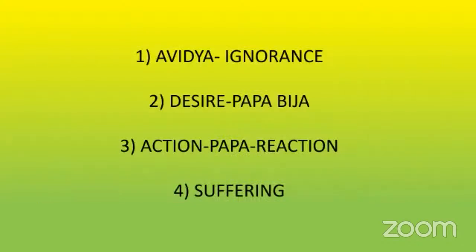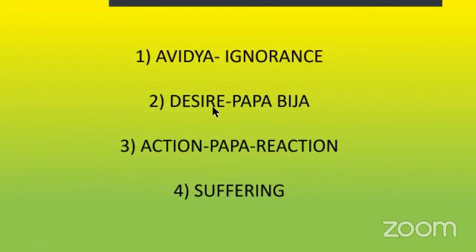So yesterday we did this workshop: avidya, ignorance, first step. Second is desire, papa bija. Maharaj always calls desire papa bija. This is the seed of papa. The desire is a seed of papa. If we change the desire from material desire to spiritual desire, then we don't have papa.